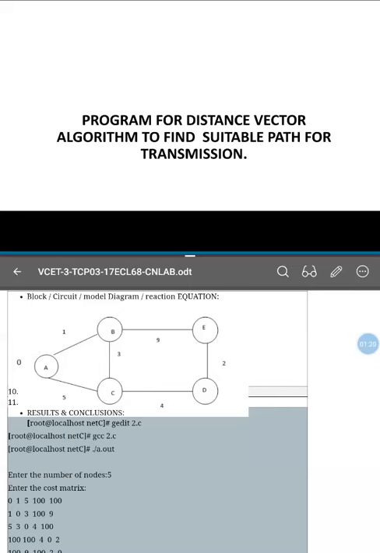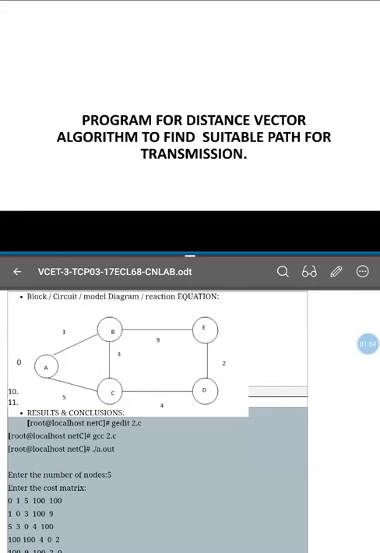By using the Bellman-Ford equation, the distance will be calculated, that is said to be the least distance. The distance vectors will be constructed, and exchanging these distance vectors will give the least cost to the destination.